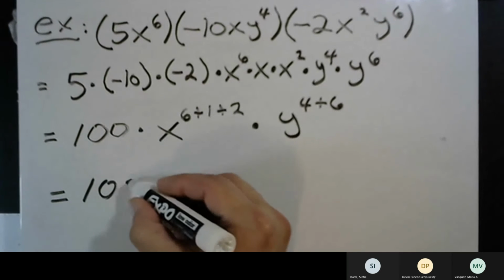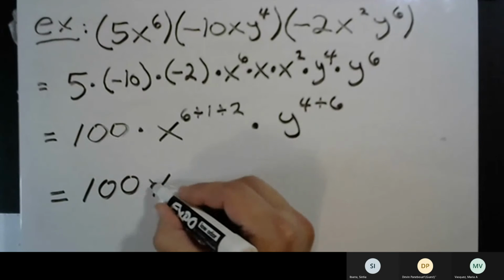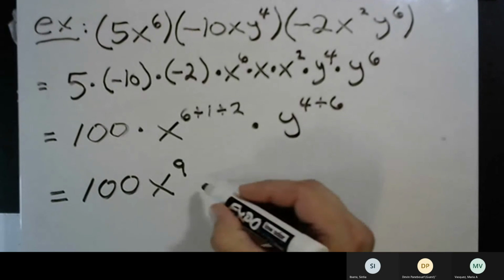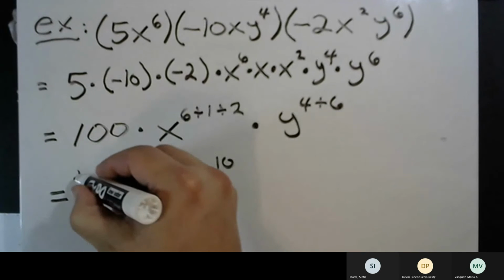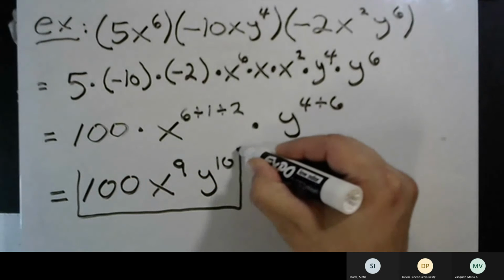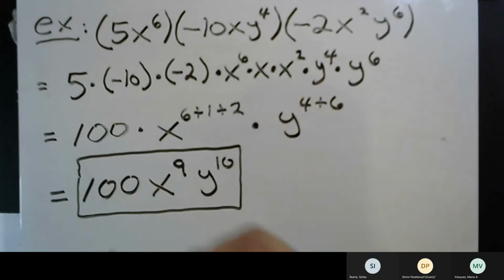So we get 100 x to the 9 y to the 10. So questions about that?